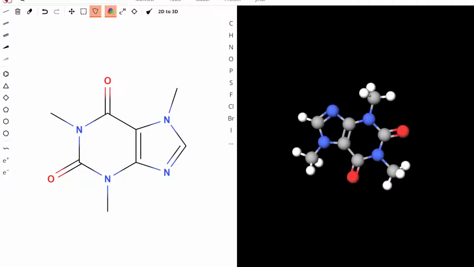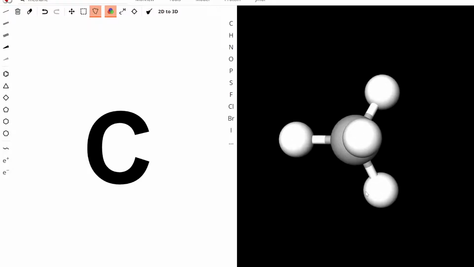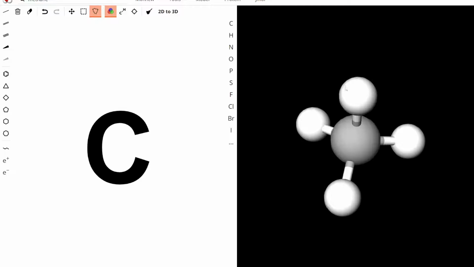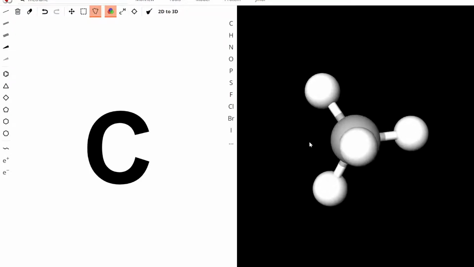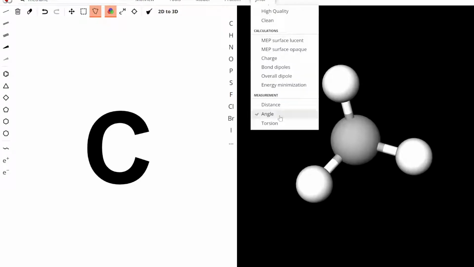And if we actually look at the shape of methane, CH4, well, if we look here, I'm going to zoom in. This is CH4, and you may not be able to tell, but these are not at 90 degrees to each other. In fact, I should be able to measure the angle.